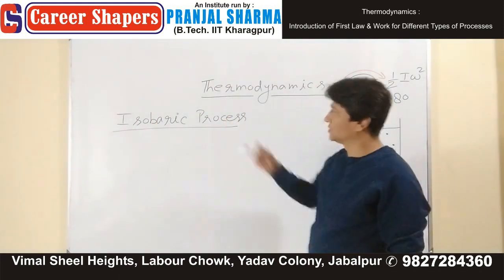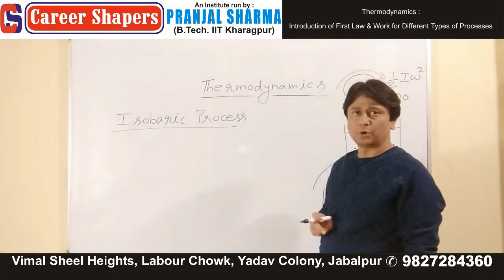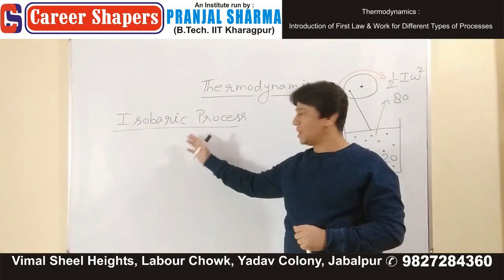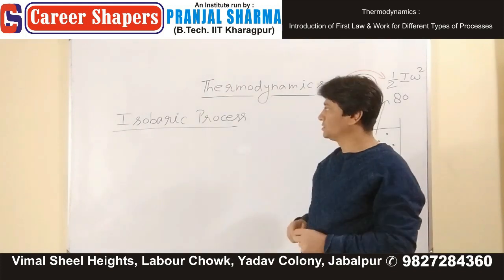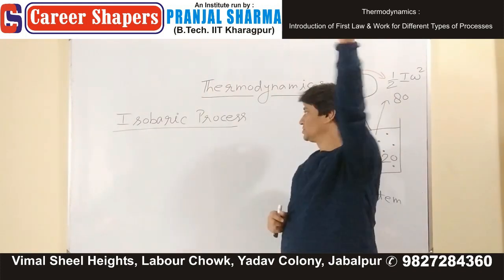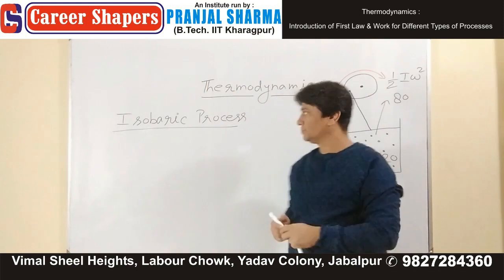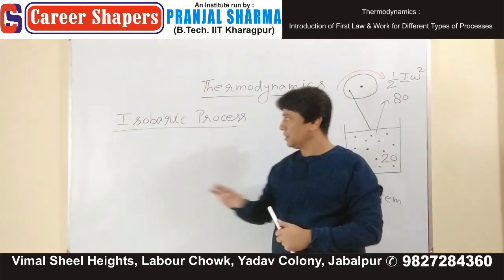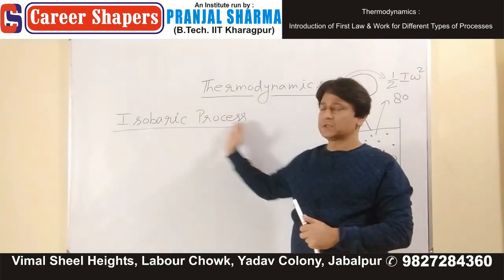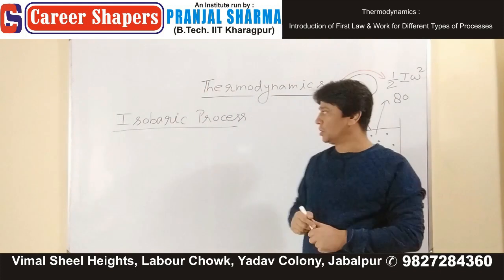We have discussed this type of thing: isobaric, isochoric, and all. You have heard these names when we were discussing bulk modulus and all. But again, what is isobaric? When pressure is constant.